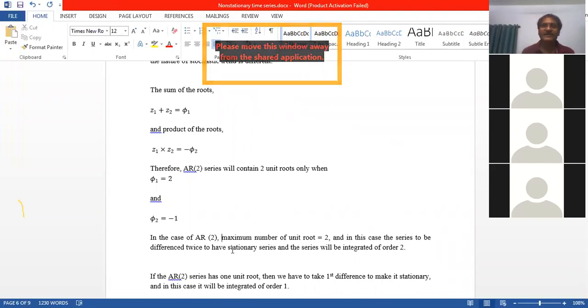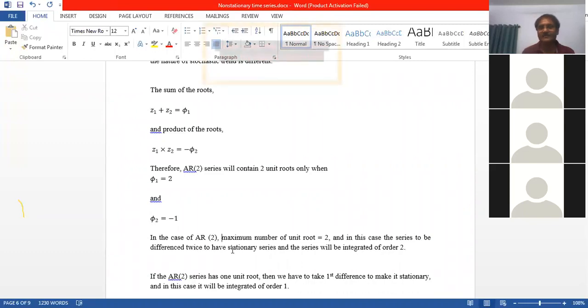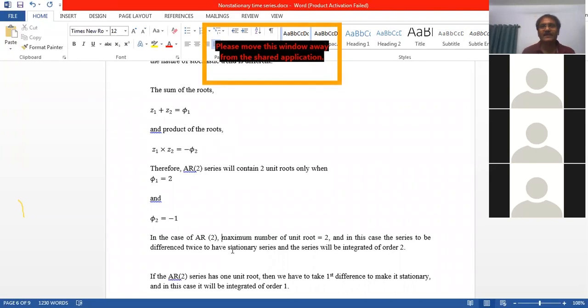When both Z1 is equal to 1 and Z2 is equal to 1, the number of unit roots is equal to 2. If Z1 is equal to 1 and Z2 is less than 1, or vice versa, the number of unit roots is equal to 1. If both Z1 less than 1 and Z2 less than 1, the number of unit roots is equal to 0.